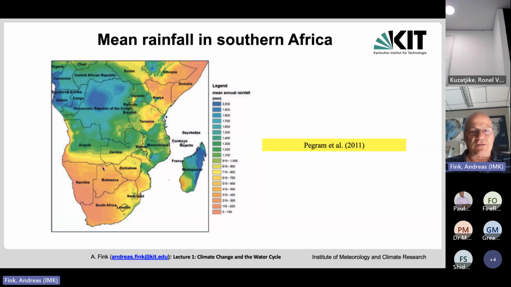And we see, of course, the strong gradient in rainfall here in southern Angola and Zambia, the very dry parts of Namibia and South Africa with the very, very dry Namib Desert, and arid Botswana, and the aridity is stretching a little bit across southern Zimbabwe to southern Mozambique.